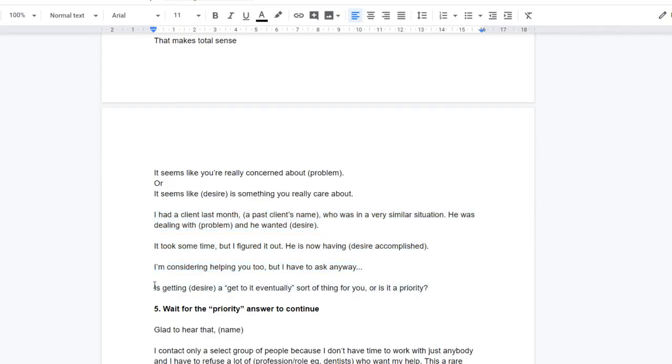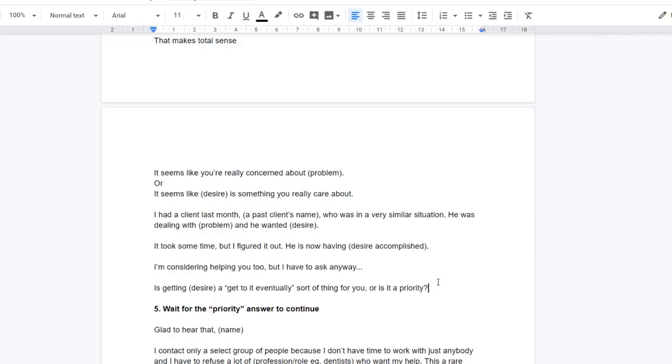And here, what you're doing is seeing whether this is a priority for them. If it's not a priority, for example, they are overweight but they don't care, they're okay with it, then it's probably not a good fit.